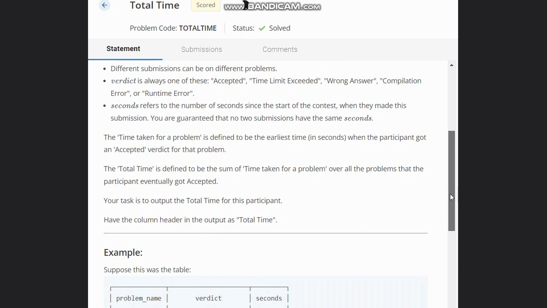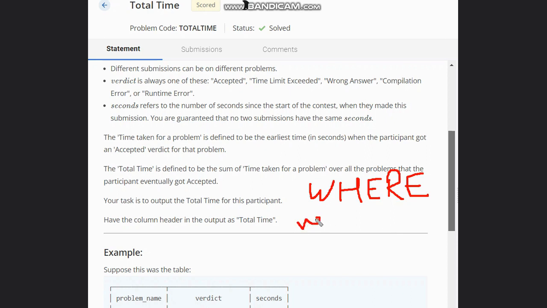So let's think how to do this problem. We need the minimum time of accepted. So the first condition you have is where. For understanding where to use from, where and all these things, you can refer to the previous video. I'm just writing here roughly, I'm not writing the whole code.